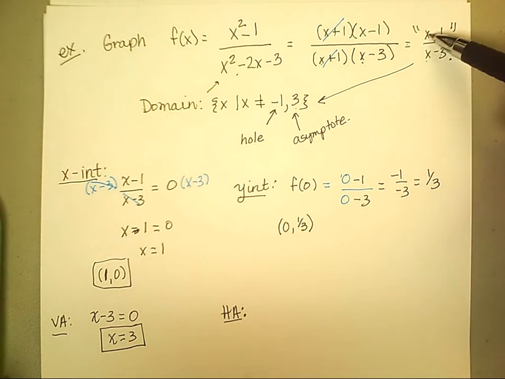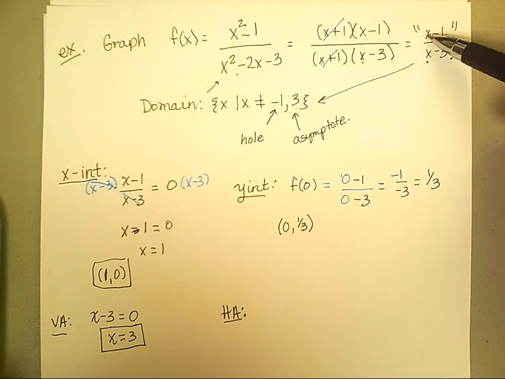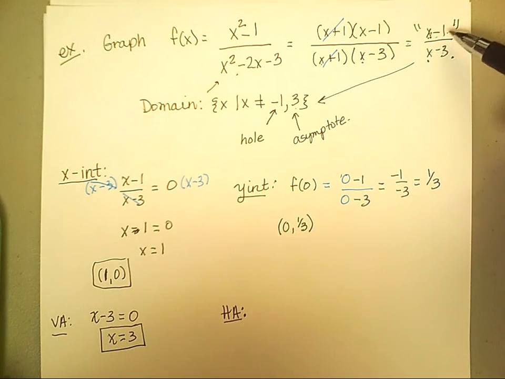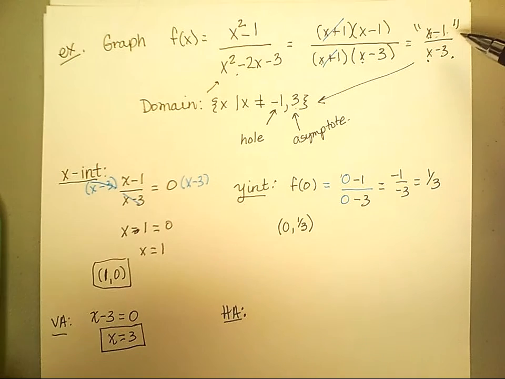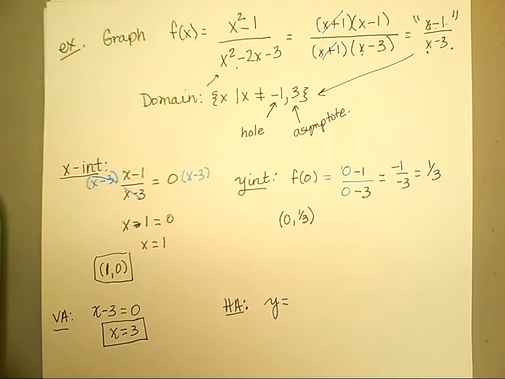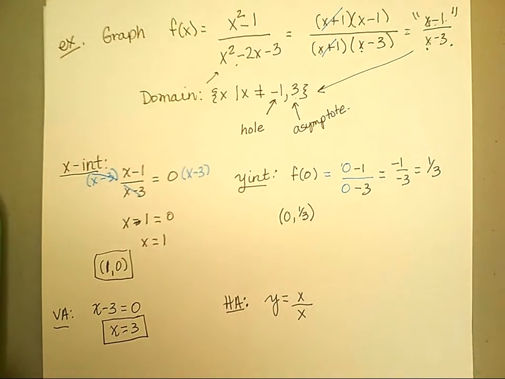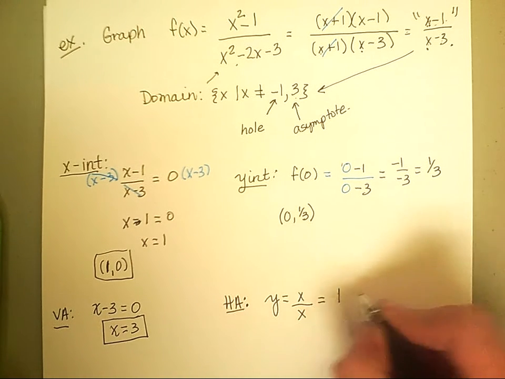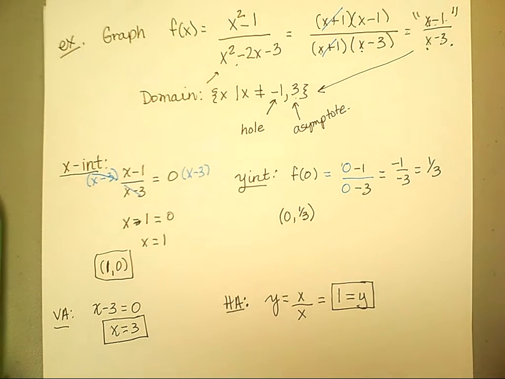One way to do that is we look at the dominant term of the numerator and the dominant term of the denominator. So as x goes to infinity, this becomes infinity minus 1, so that's still some type of infinity, over infinity minus 3. And that is close enough to the same infinities that we can just look at the leading terms of the numerator and the denominator, and reduce this. So we find that we get a horizontal asymptote at the line y equals 1.